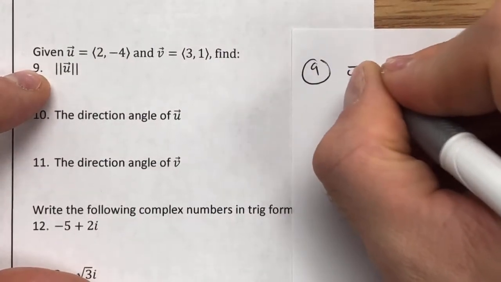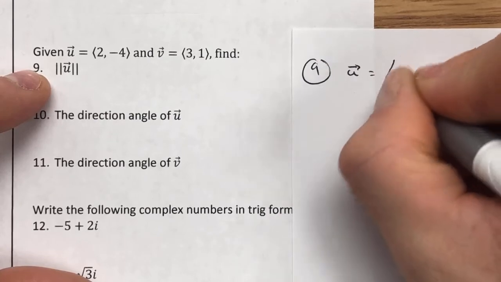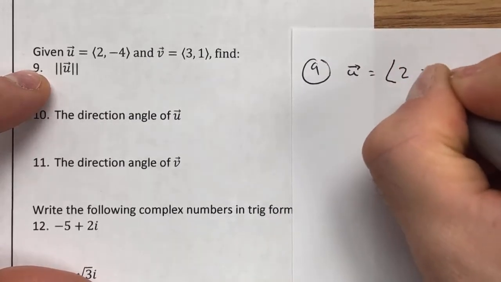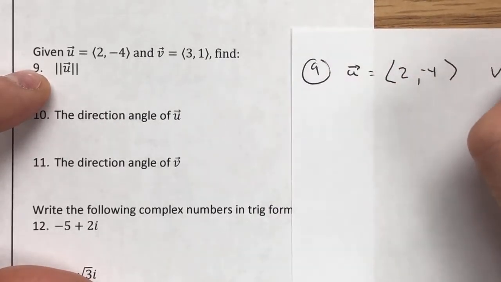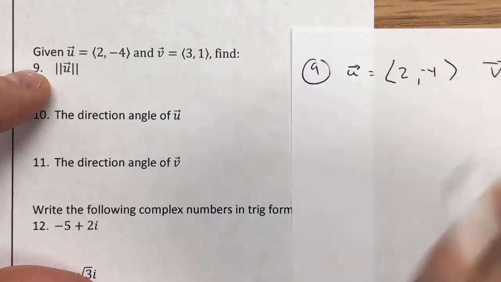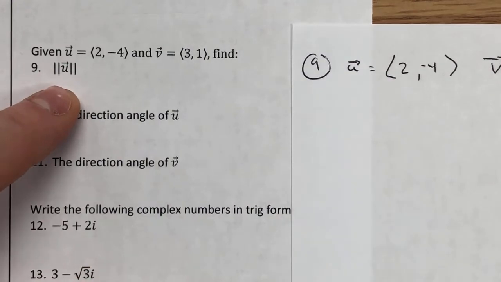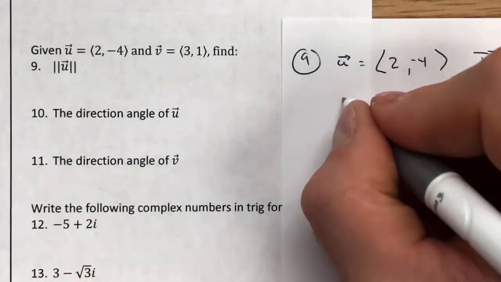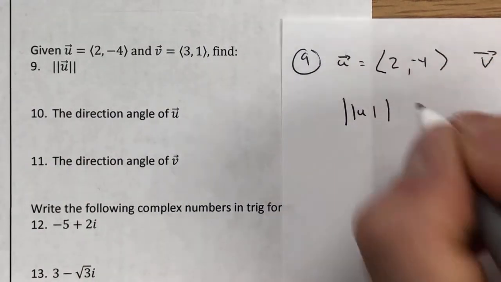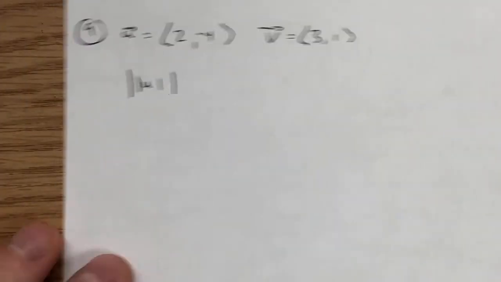So I know u is 2, negative 4, and v is 3, 1. We want to find the magnitude of u. So what is u? Okay.